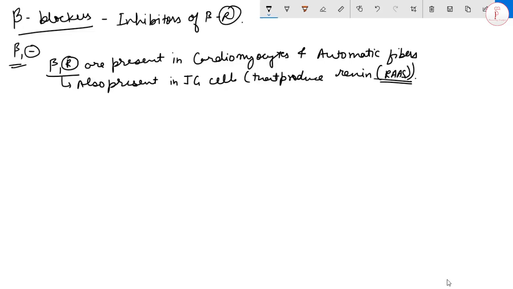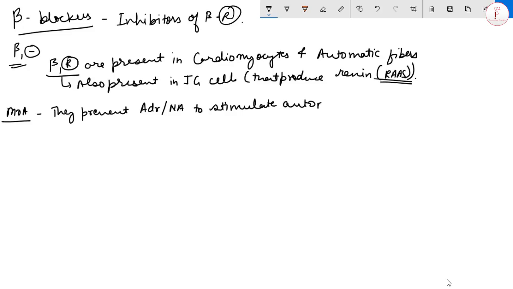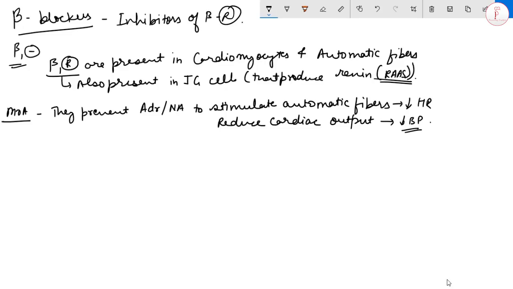So when we see the mechanism of action of beta blockers, they prevent adrenaline and noradrenaline from stimulating their own receptors, the beta 1 receptors. And these beta 1 receptors that I'm talking about are the receptors present on the automatic fibers that generate the impulses. So they slow down the heart rate, and since they are slowing down the heart rate, they are also reducing the cardiac output.